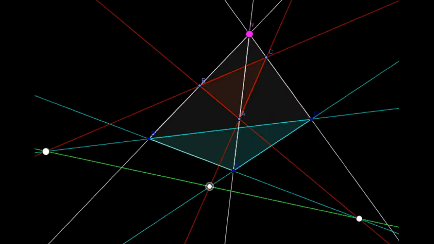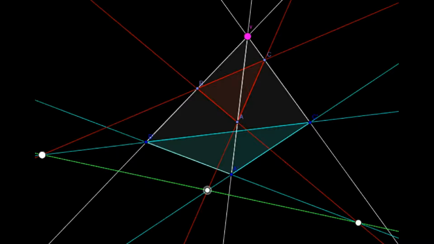Just to recall what Desargues' theorem says, what it basically says is that if you draw a red triangle and you draw a blue triangle, and those 2 triangles have the feature that there is a point V which they are perspective from, in the sense that you can draw lines out from V which pass through the vertices of the red and the blue triangles, then the corresponding edges meet at 3 points which are collinear, lie upon a straight line.